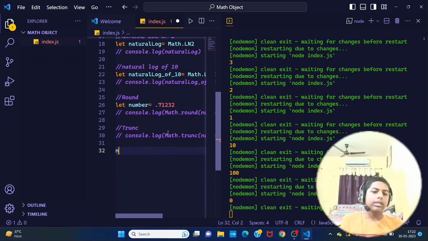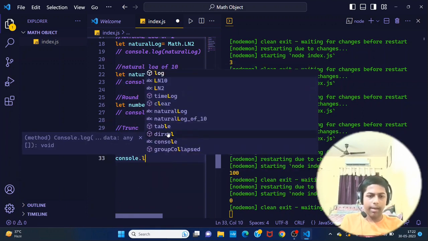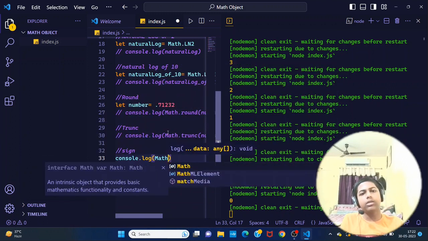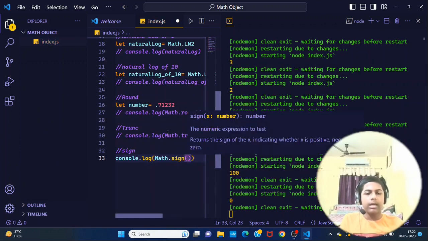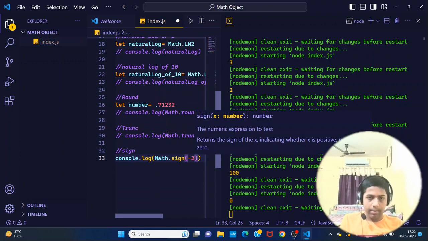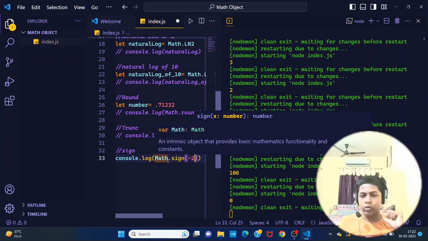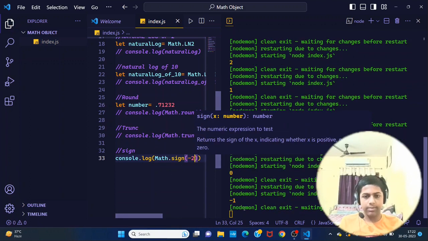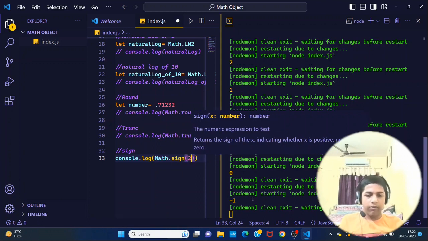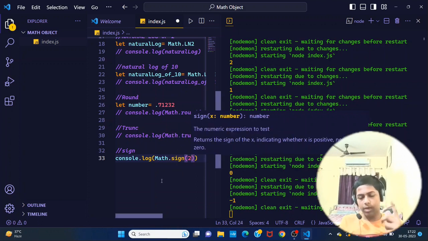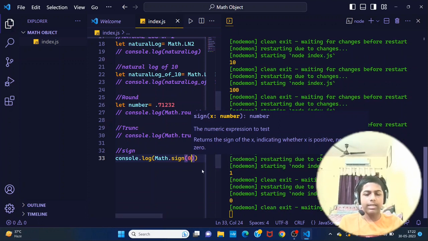You can just use Math.sign. Let's say console.log Math.sign(-2). When there is a negative value, it returns -1. Let's save this, you get -1. If you give 2, you get 1 because it's a positive value. And suppose 0? 0 is neither negative nor positive, so you'll get 0.